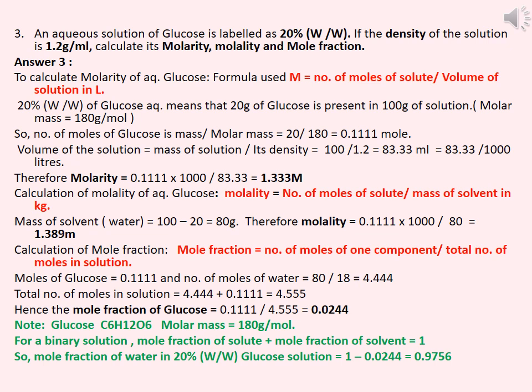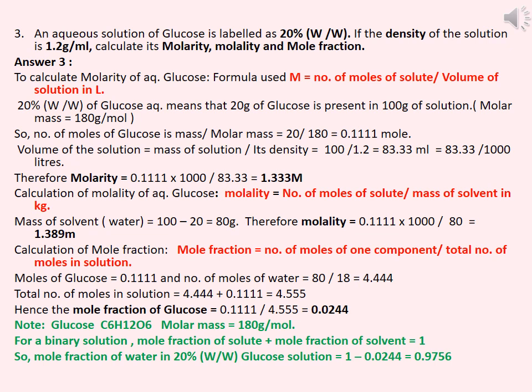Now, to calculate molality, molality is defined as the number of moles of solute in 1 kilogram of the solvent. Here, what is the number of moles of the solute? Number of moles we have calculated, 0.1111 mole. Now, mass of the solvent in kilogram.